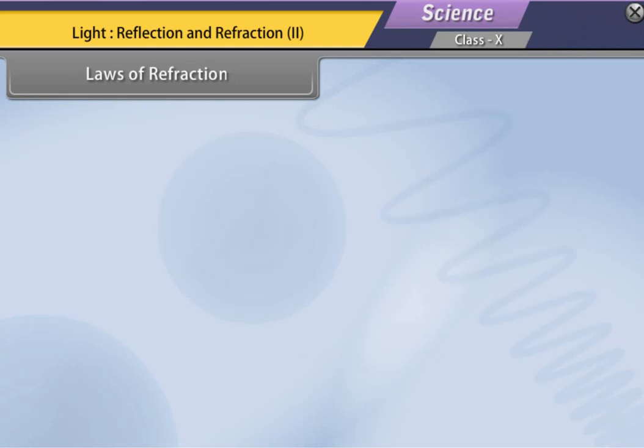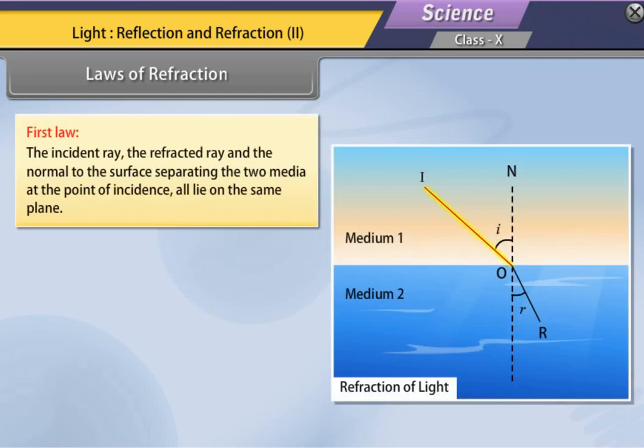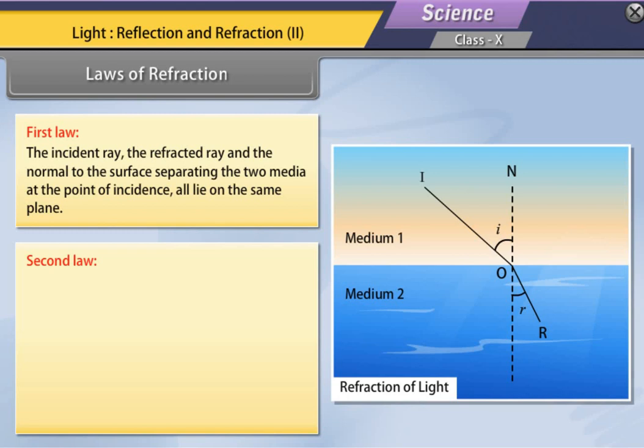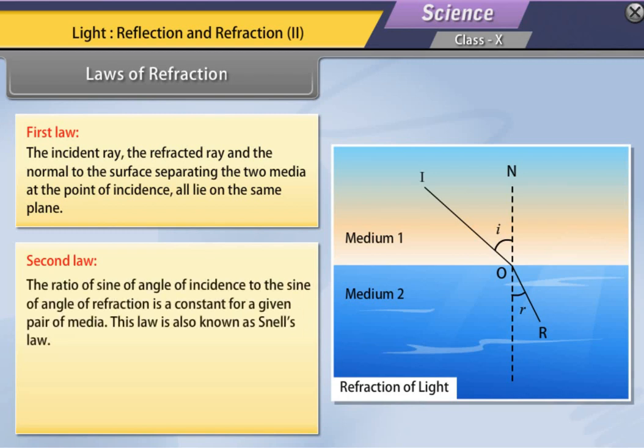Laws of refraction. There are two laws of refraction. First law: the incident ray, the refracted ray, and the normal to the surface separating the two media at the point of incidence all lie on the same plane. Second law: the ratio of the sine of the angle of incidence to the sine of the angle of refraction is a constant for a given pair of media.